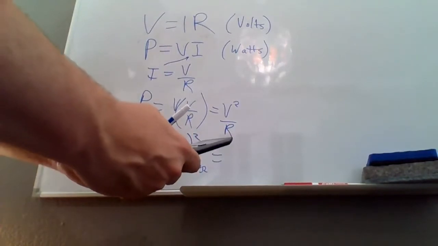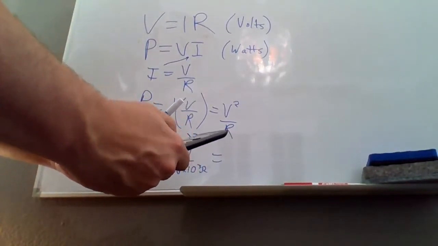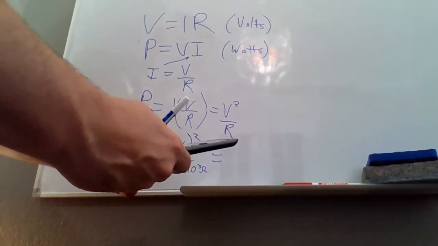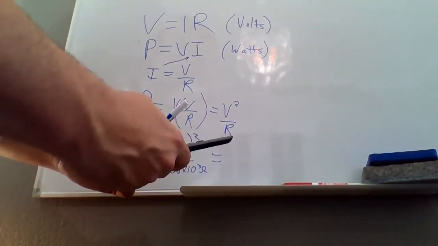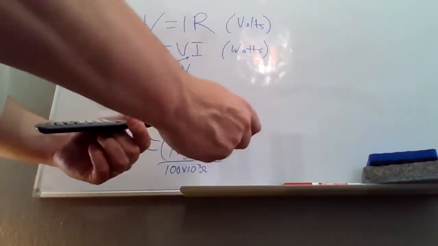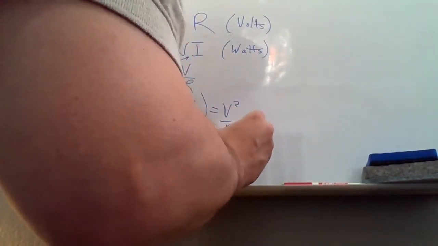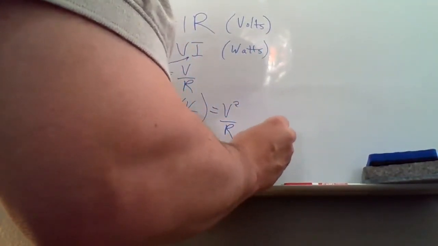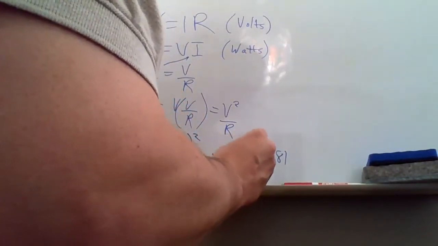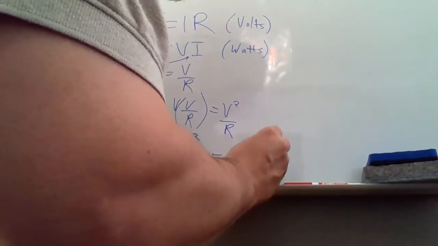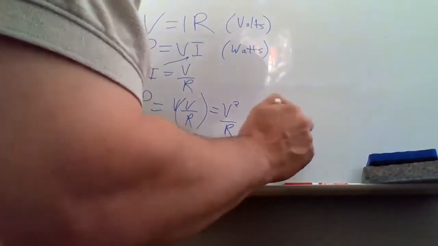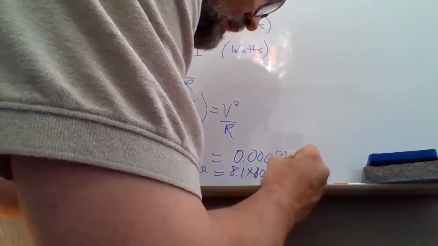So 9 squared is 81 divided by 100 times 10 to the third power. And that's the number that I get, which is 0.00081, or 8.1 times 10 to the minus 4. And that's in watts.